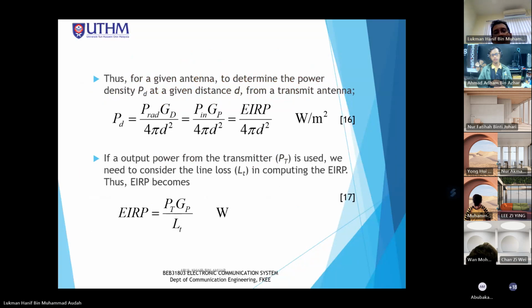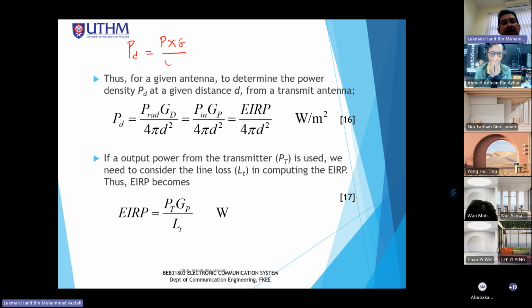So from the previous power density equation, we can rewrite the power density equation. If you remember, the power density in the previous slide is equal to P times G divided by 4 pi R squared, or D squared.